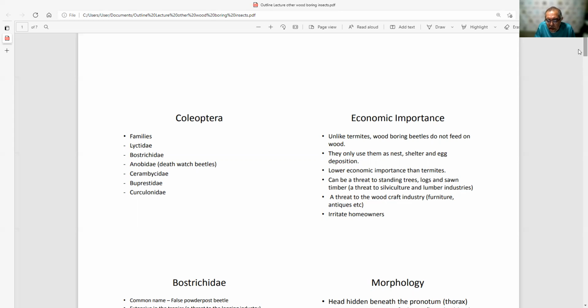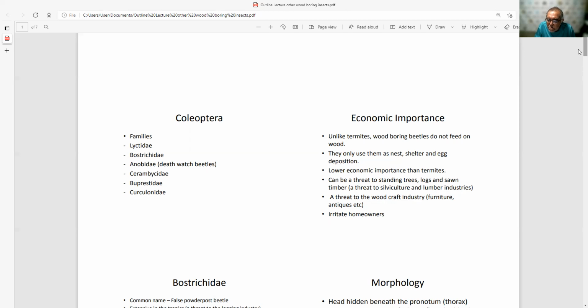Yeah? But never underestimate the destruction and also the potential of beetles to destroy wood, especially in the aspect of aesthetic value.